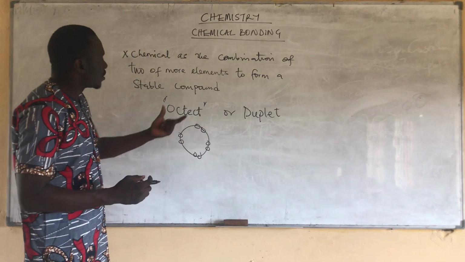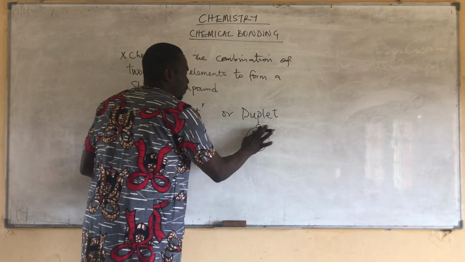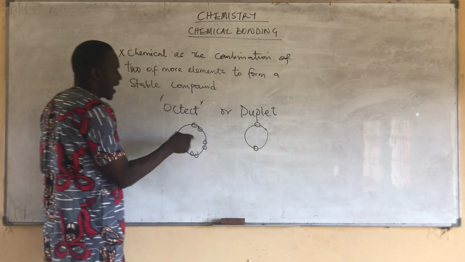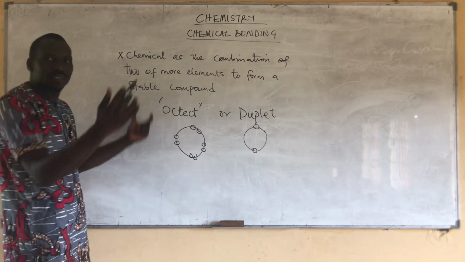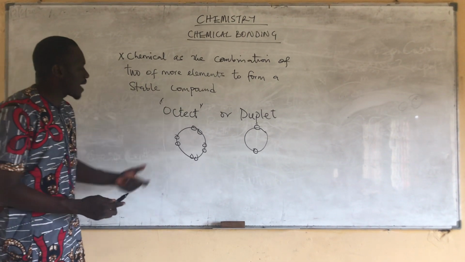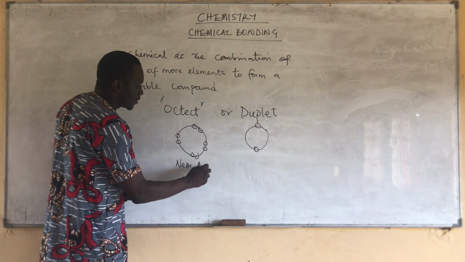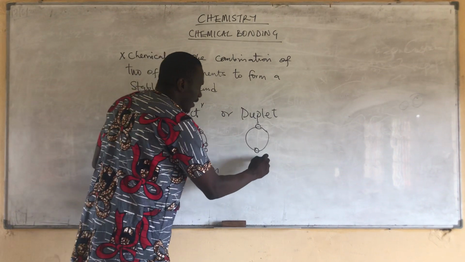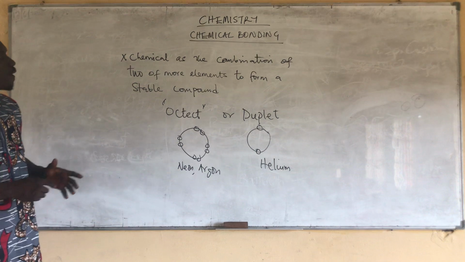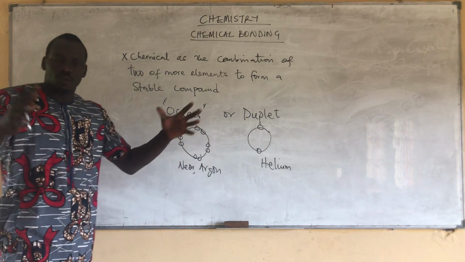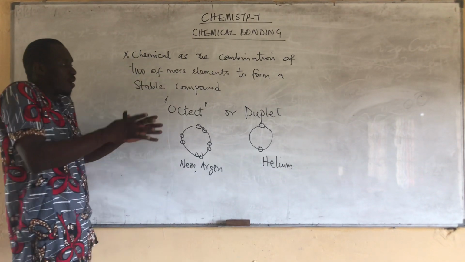When we're talking about the duplet, we're talking about helium, having 2. So octets, as in the case of neon and argon, and duplets like helium.